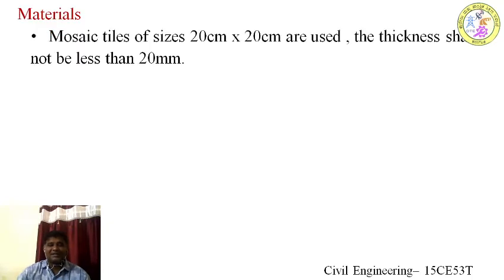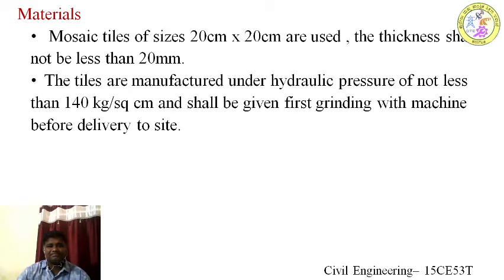The raw materials consist of cement mortar bedding and the mosaic tile. These mosaic tiles are brought from factories in standard size 20 cm by 20 cm, and are also available in 30 cm by 30 cm size, with a thickness of 20 mm.